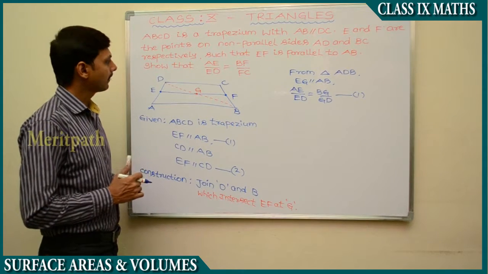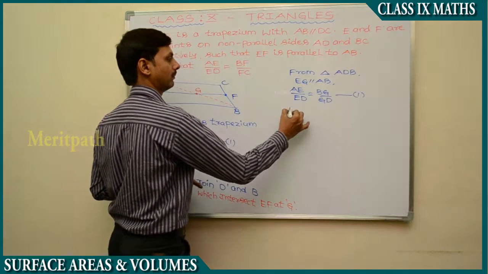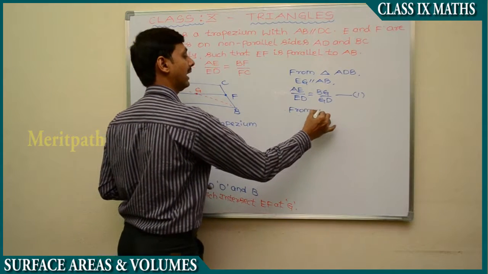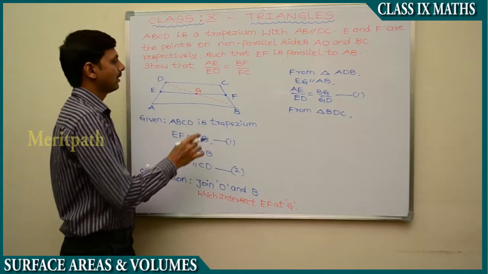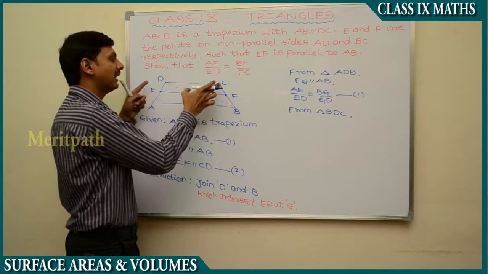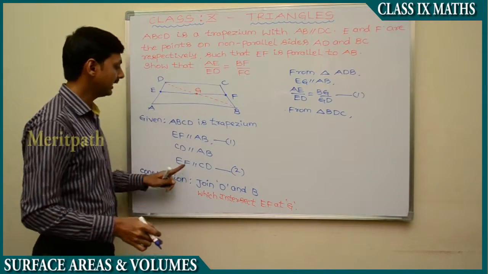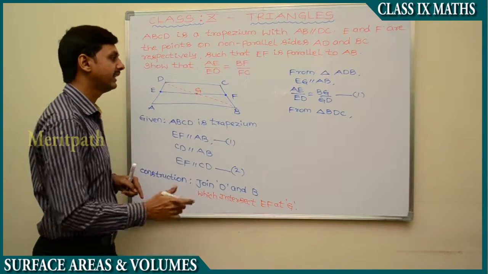So let's take the triangle BDC. From triangle BDC, we know GF is parallel to CD, because EF is parallel to CD. So GF is also parallel to CD.